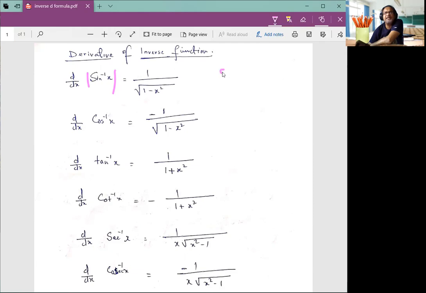That you are getting is something like dy by dx. Now what is this? dy by dx is nothing but y suffix 1, and that is the first derivative. First derivative of sine inverse x is 1 by root over 1 minus x square. And similarly all these are our first derivative, that is y1.